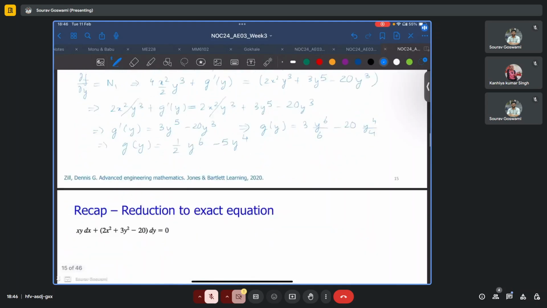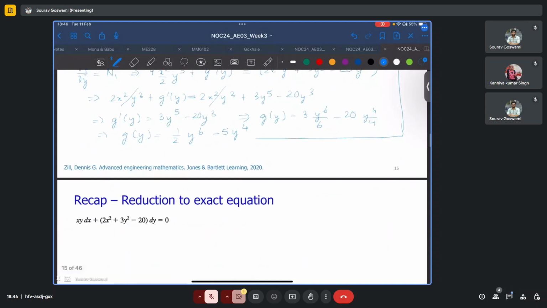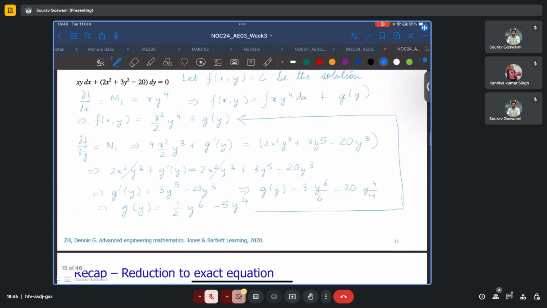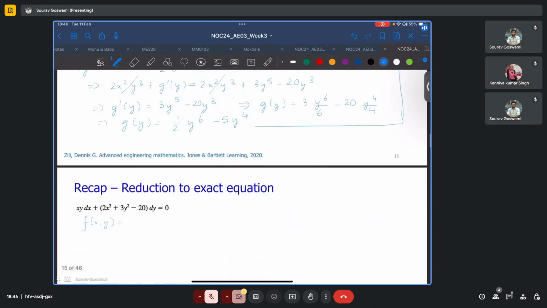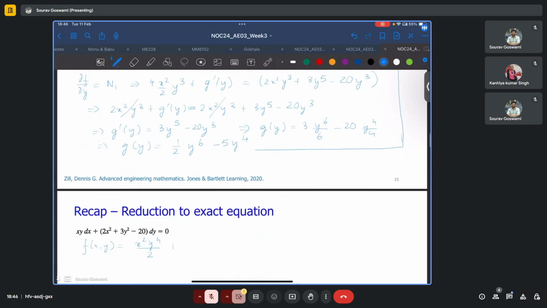And if we put this equation right here, we can obtain our family of solutions. So f of x,y is x square y power 4 by 2 plus g of y, which we obtained as half y power 6 minus 5 y power 4.